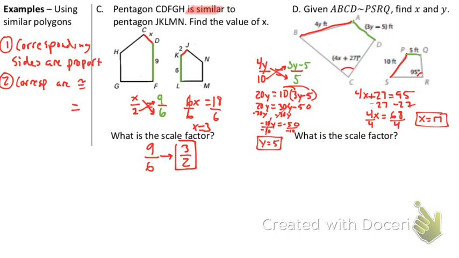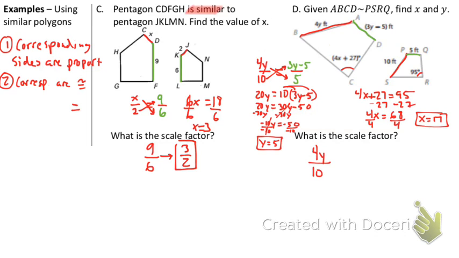All right, so how can I figure out my scale factor? So remember, your scale factor is basically the fraction we get when we have similar figures, the fraction we get when we put two sides in ratio format. So if you look, we're going to use this fraction, 4y over 10.